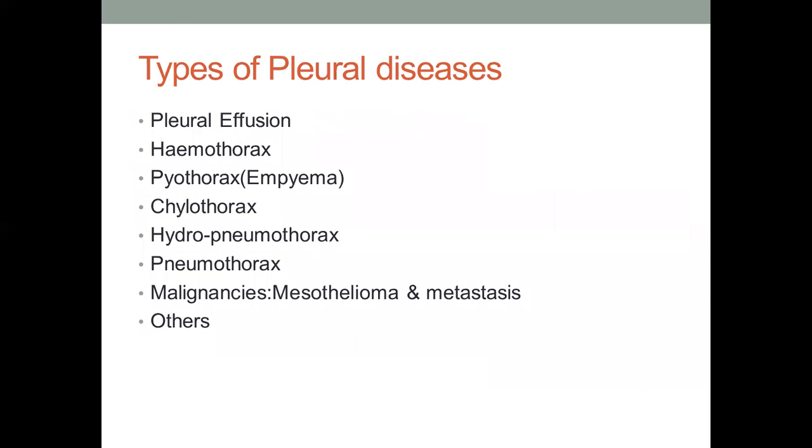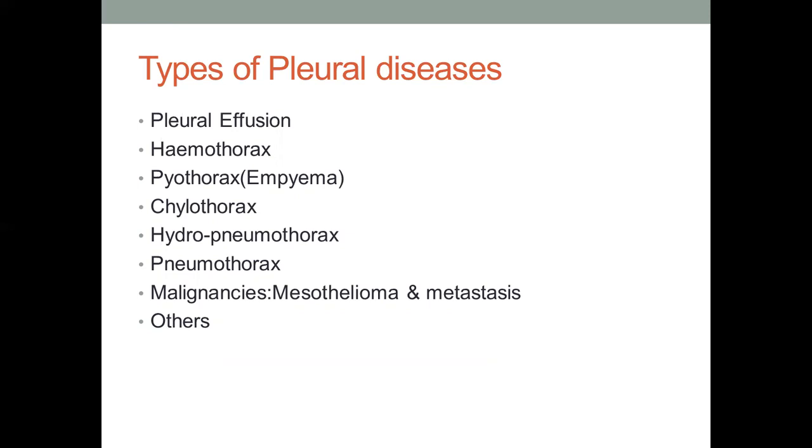These are the types of pleural diseases. Pleural effusion: when fluid comes in the pleural space. When blood comes in the pleural space, that is hemothorax. When pus comes to the pleural space, that is pyothorax or empyema.